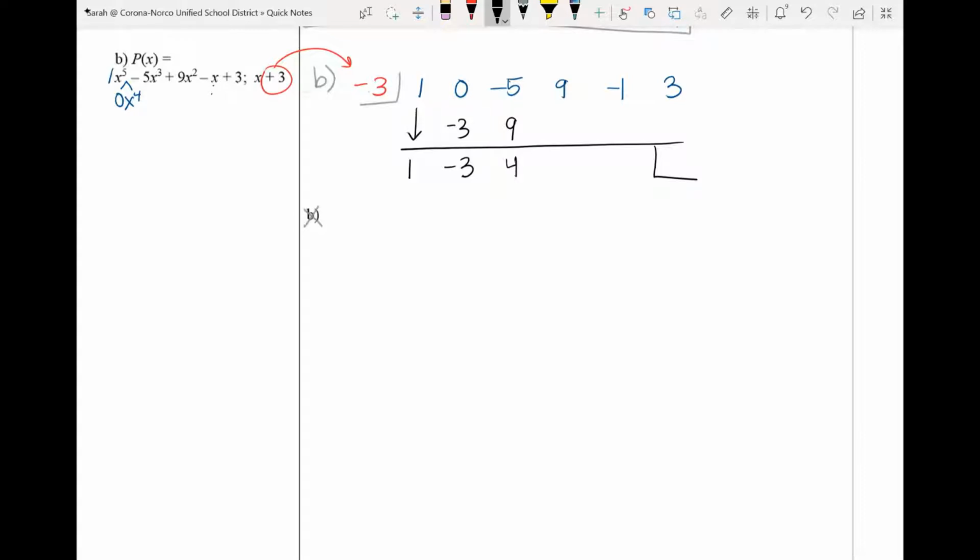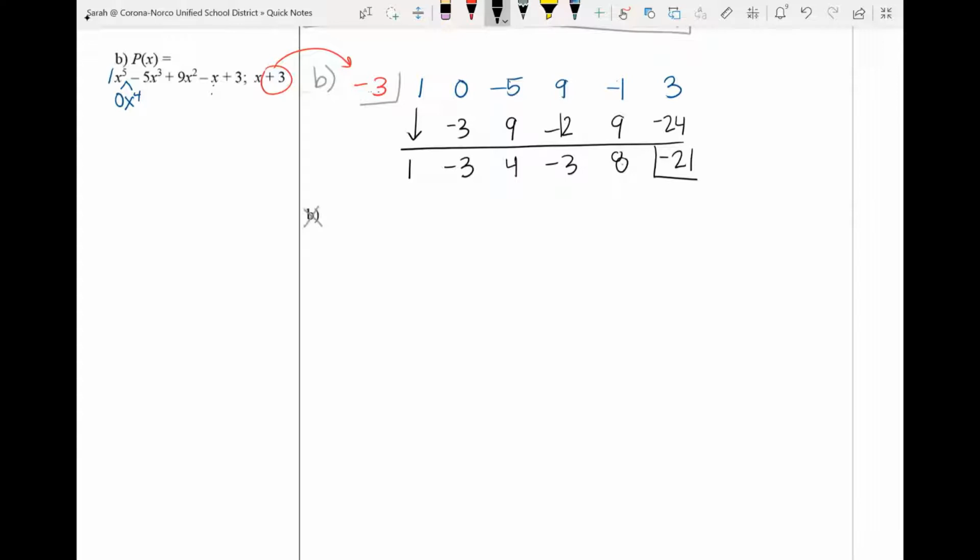Then 4 times our -3 is -12. -12 plus 9 is -3. -3 times -3 is +9. -1 plus 9 is 8. And then finally 8 times -3 is -24, which if we add 3 gives us a remainder of -21.